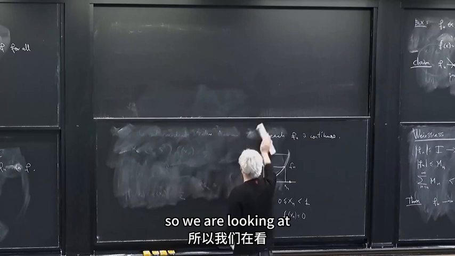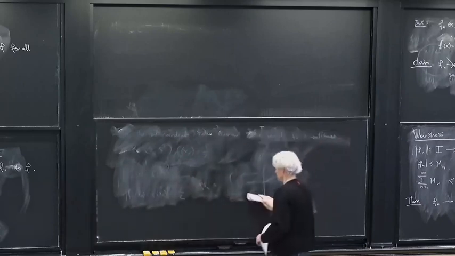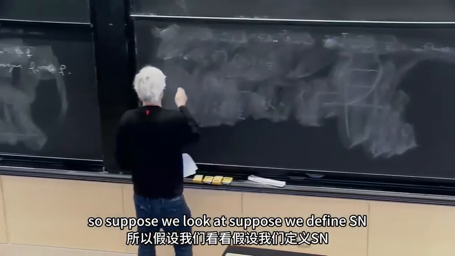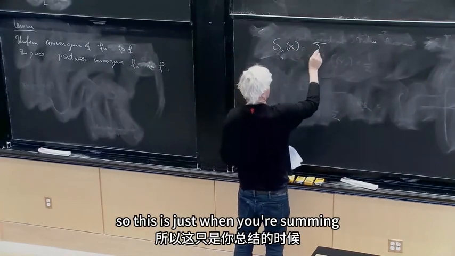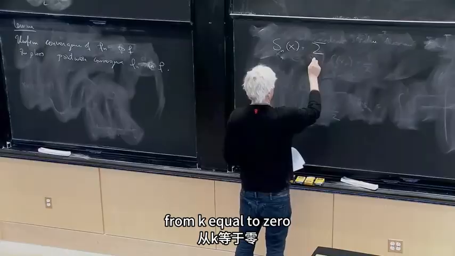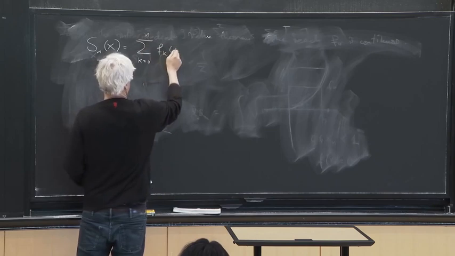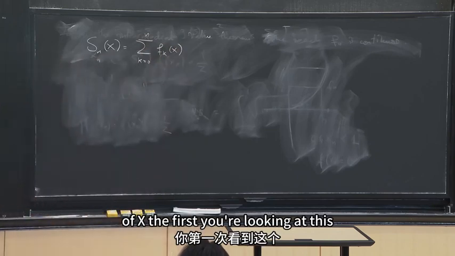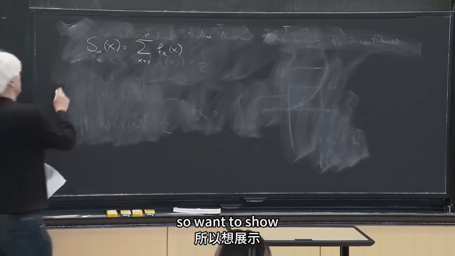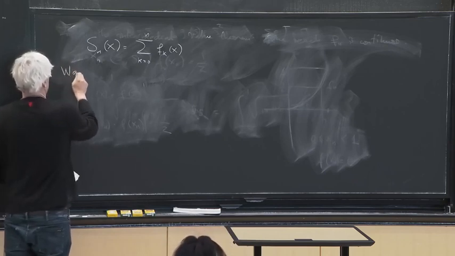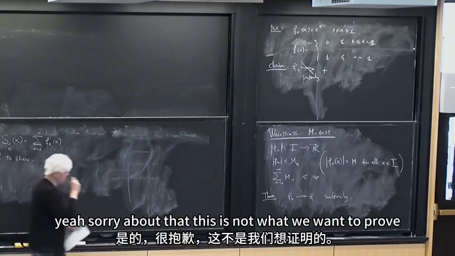So we are looking at, suppose we define S_n of x, so this is just summing from k equal to 0 to n of f_k of x. Right? Suppose you're looking at this, and we want to prove, yeah, sorry about that.